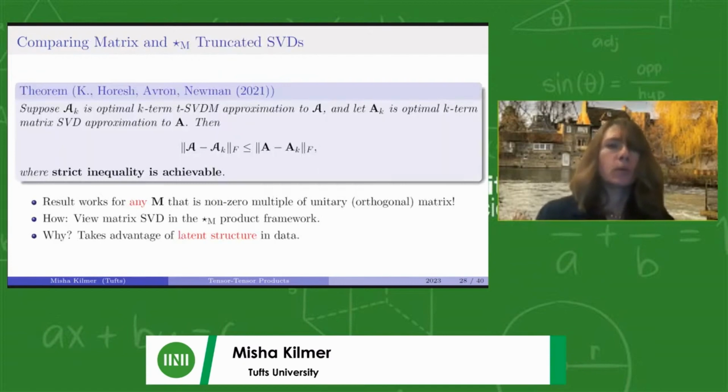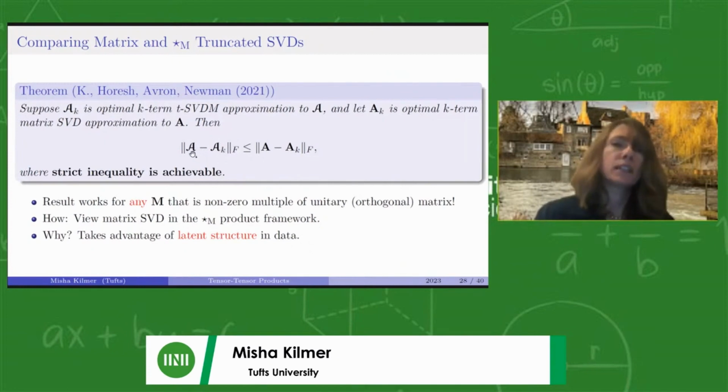So what we were able to show is, again, fix M, and under that star M approximation, truncate our tensor SVD to K terms.